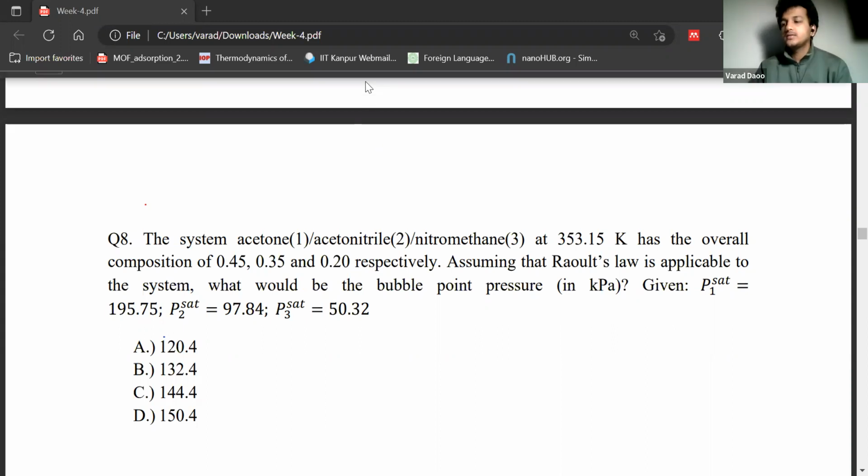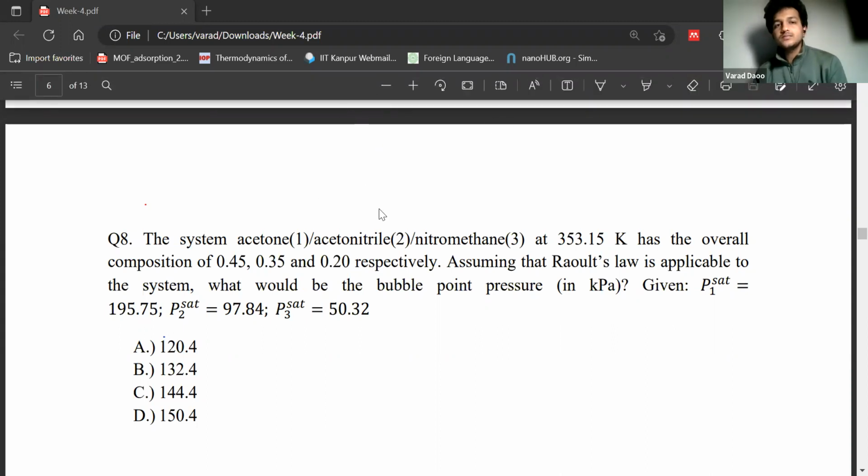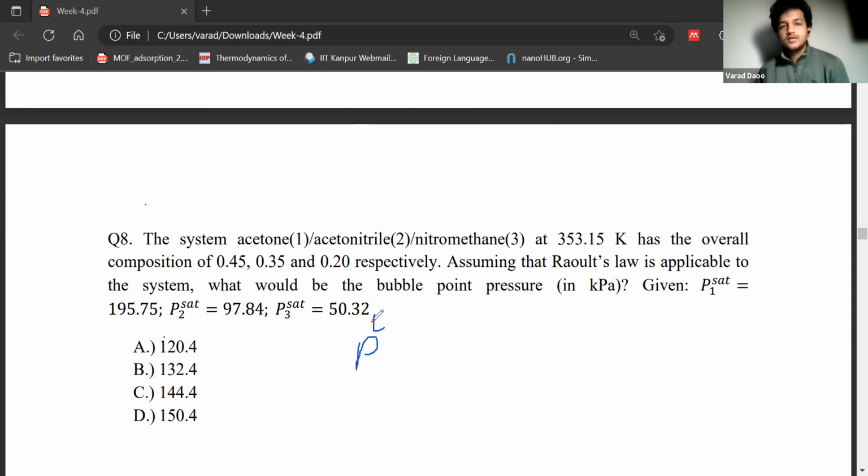Okay, anybody got it? What you basically have to do is, total pressure is nothing but the sum of partial pressures. Okay, P1 bar plus P2 bar plus P3 bar.